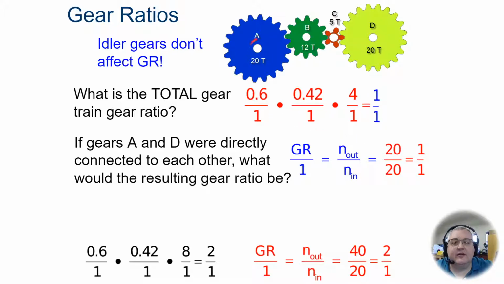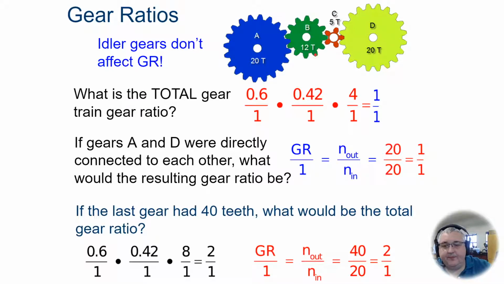So regardless of whether I calculate the gear ratio between these two, between these two, and between these two, which gives me those three, equals 1, or I just ask what the gear ratio is between A and D, it comes out to be the same thing. So don't worry about the idler gears, except for direction. This one will turn opposite to this one, this one will turn opposite to this one, this one will turn opposite to this one.